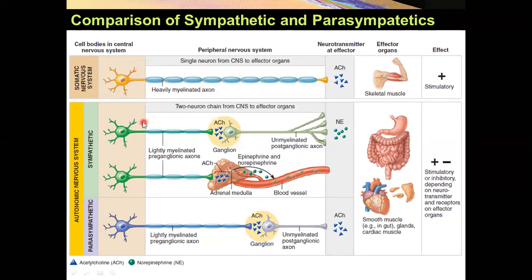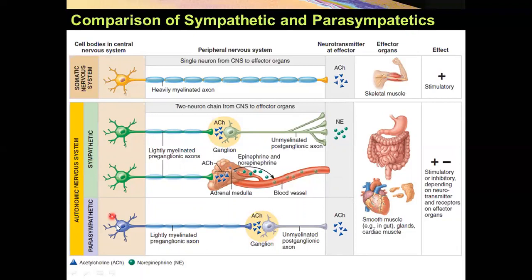Preganglionic cell bodies for the sympathetics are located in the lateral horn of the spinal cord between T1 and L2 segments.